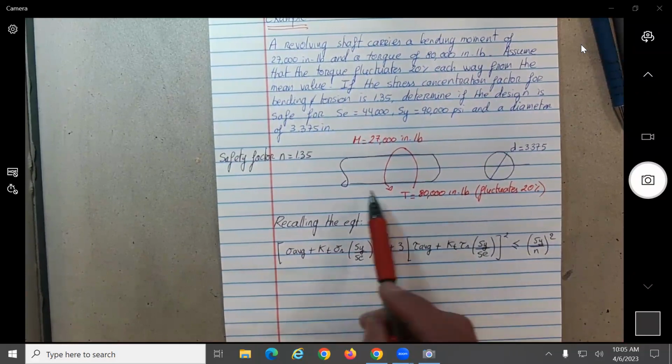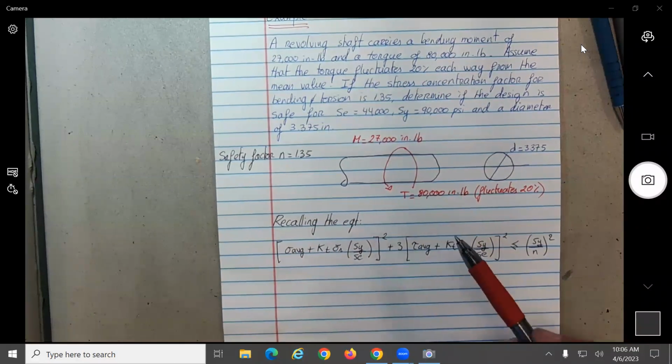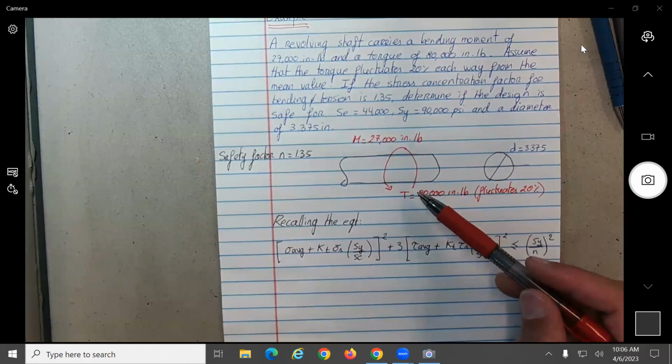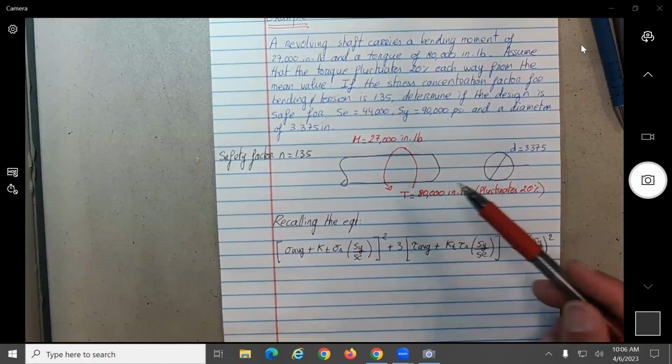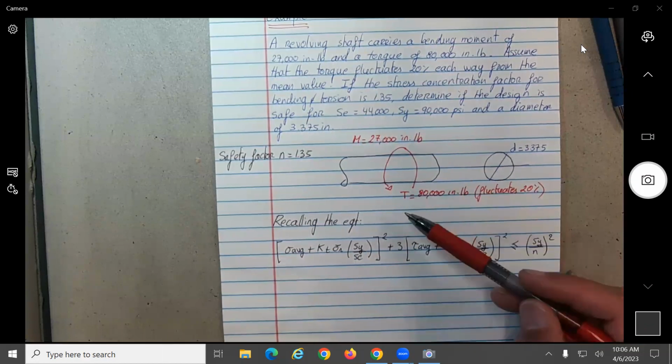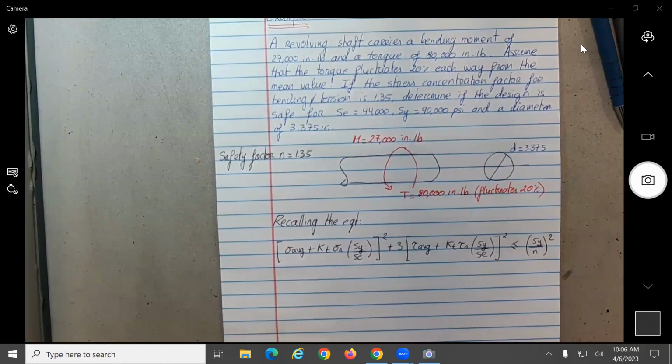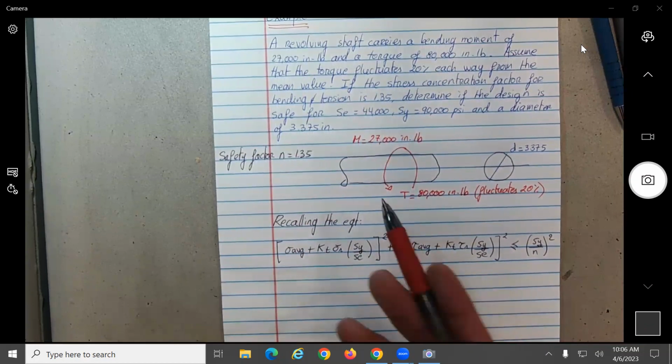So in this case, let's first look at the bending. With the bending load, we will be looking at the static plus dynamic, only the static or only the dynamic? You read this problem. What do you think we'll be doing? The bending moment, we create what?